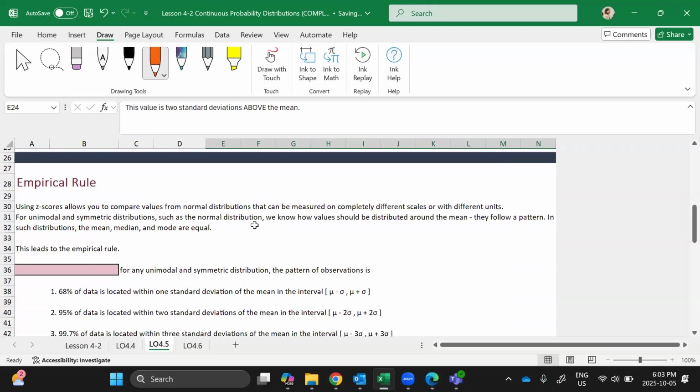How this relates to allowing you to look for patterns in the data is we have a rule for the normal distribution called the empirical rule. You can use the z-scores even if normal distributions are measured in different units.